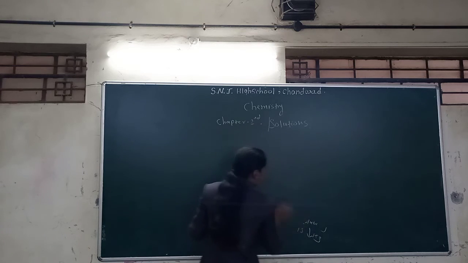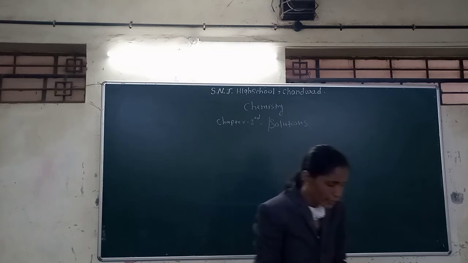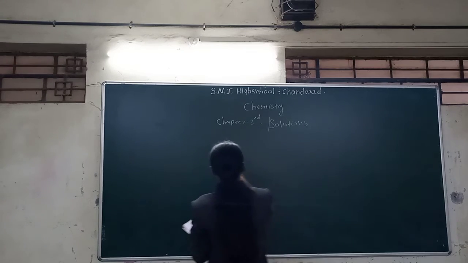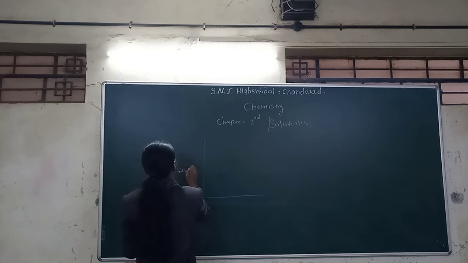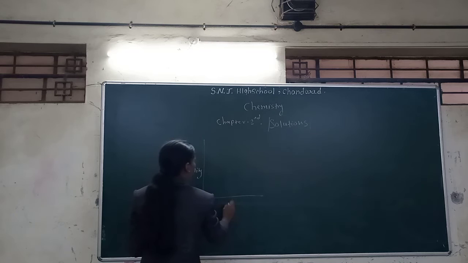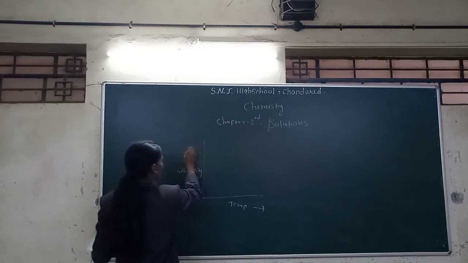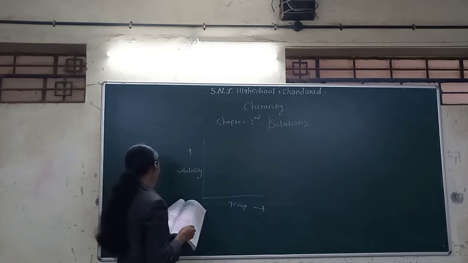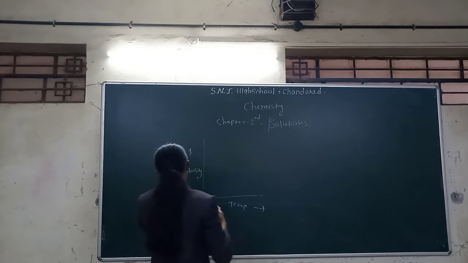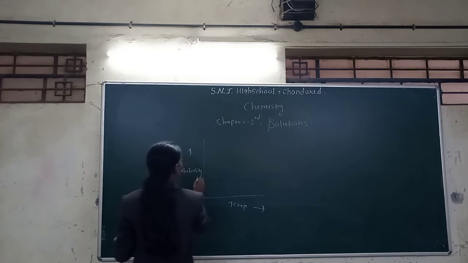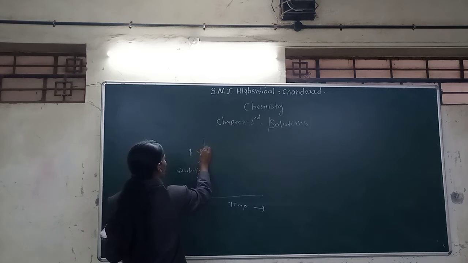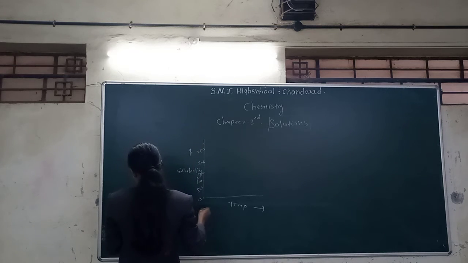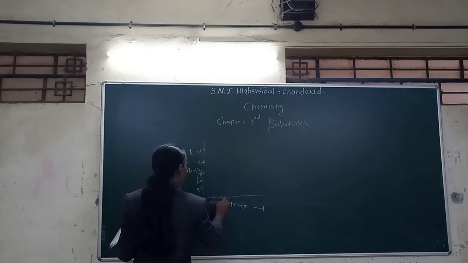Here we see the graph for variation of solubility with respect to temperature, solubility with increase in temperature for some solutions. The axes are 0, 50, 100, 150, 200, 250 for solubility and temperature 20, 40, 60, 80, 100.